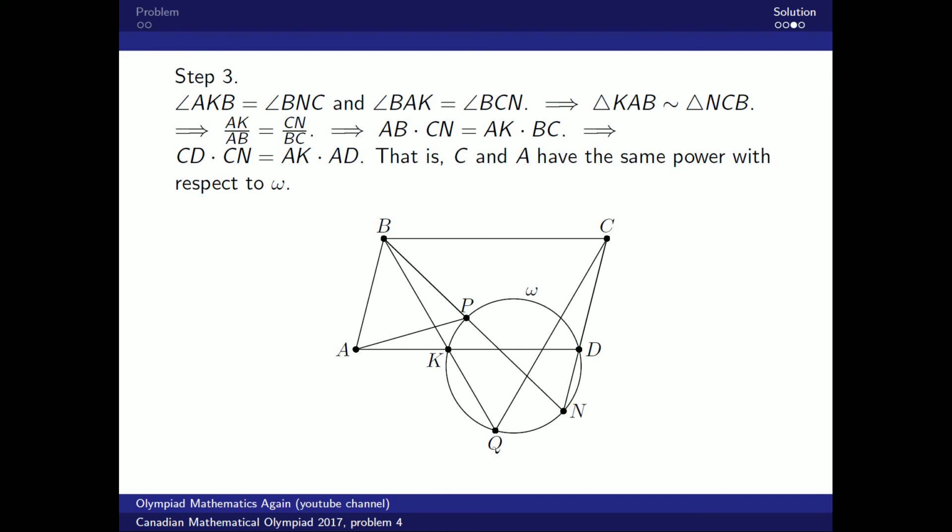So the power of the point C with respect to omega is equal to CD multiplied by CN. And this, by the way, does not depend on the line.